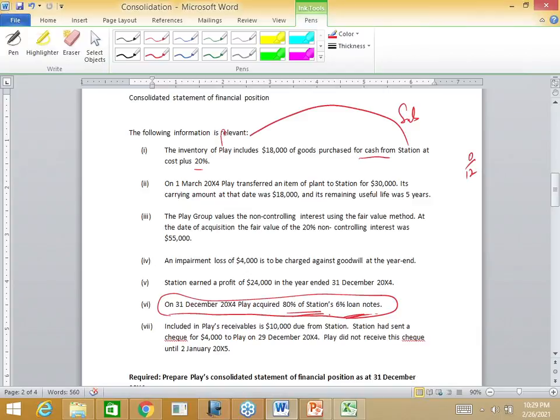Again, there is a depreciation. The impact of that is the reversal of depreciation. What was the depreciation figure? $12,000 divided by 5, multiplied by 10 divided by 12.